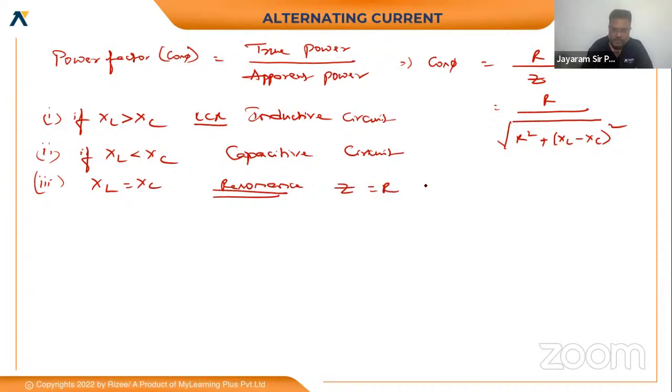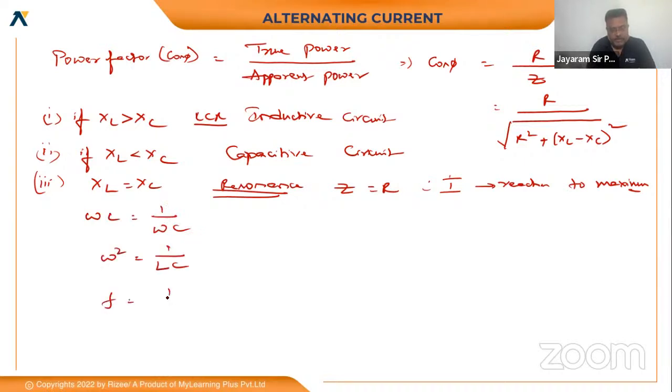And the current reaches its maximum. So XL is equal to XC, so omega L is equal to 1 by omega C, which means omega square is equal to 1 by LC, and the frequency is equal to 1 by 2 pi root LC.